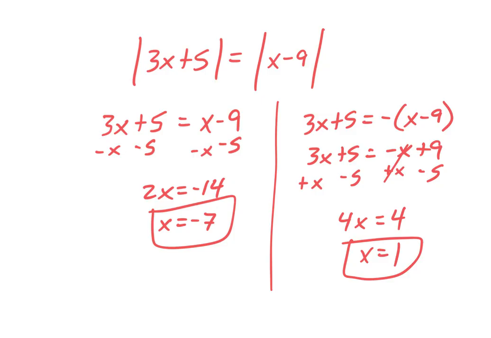Here's another one that I would highly recommend checking, because it's different. You've got to plug it into both, take the absolute value of both, and just verify that they both work. So especially on the test next week, when you do these absolute value problems, I can't stress enough: why not check it?